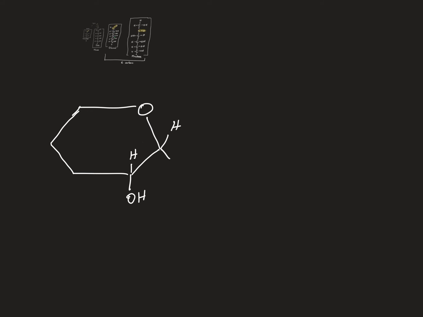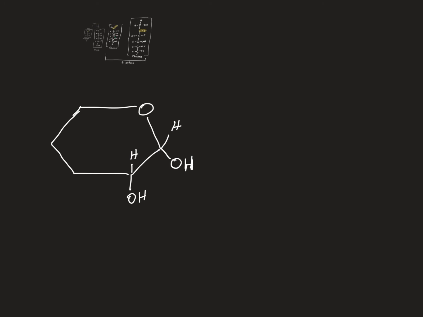And you're going to have a hydroxyl group sitting here. Now, anytime you have a hydroxyl group, there's an opportunity. And you'll see when we draw the other, let's go ahead and draw fructose.